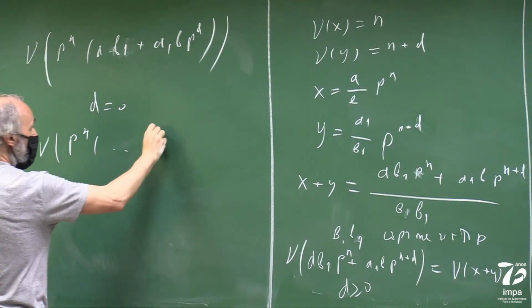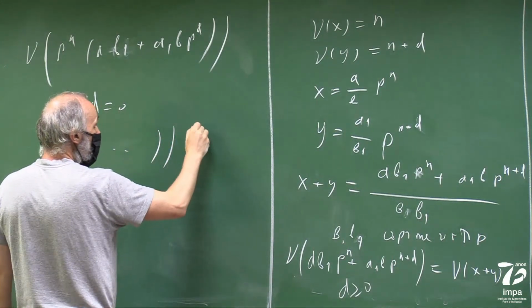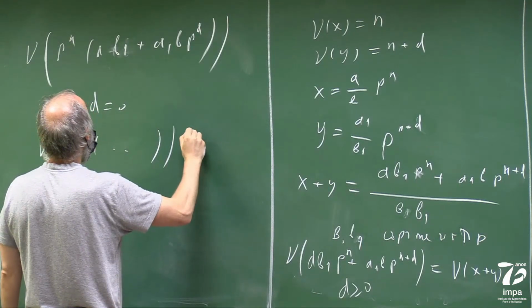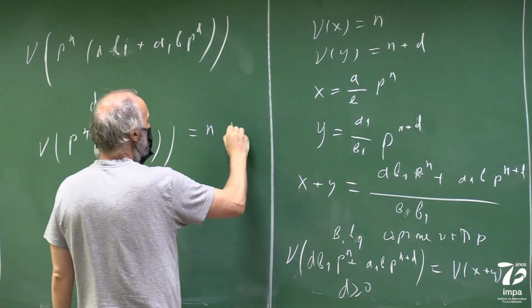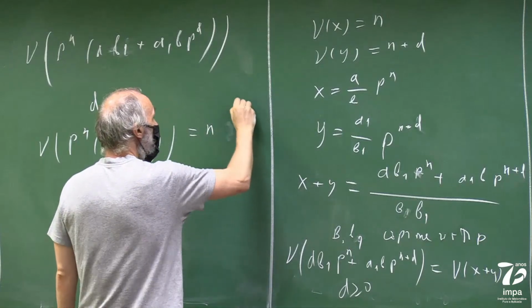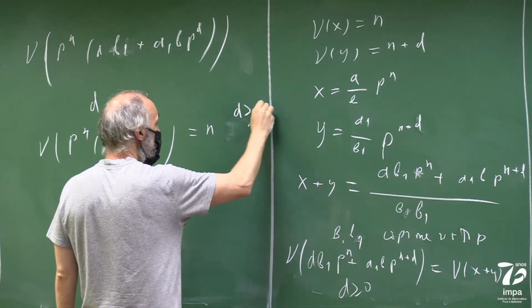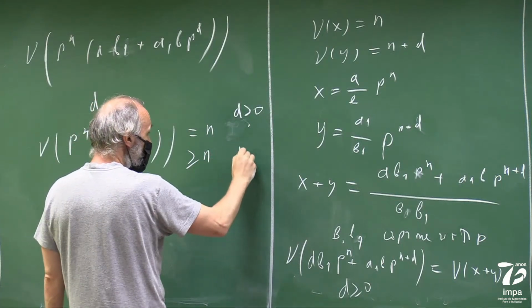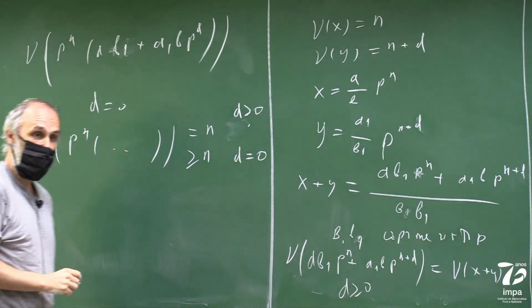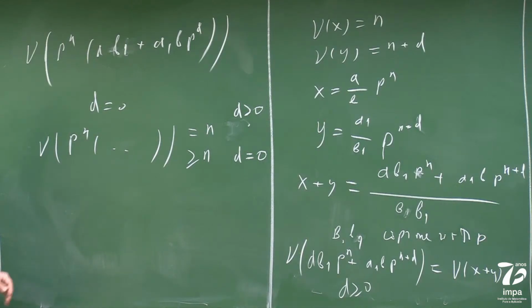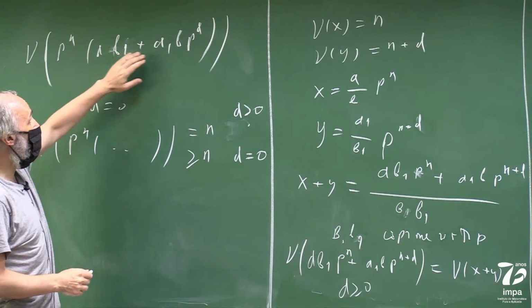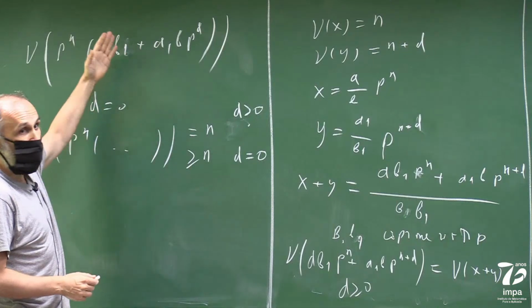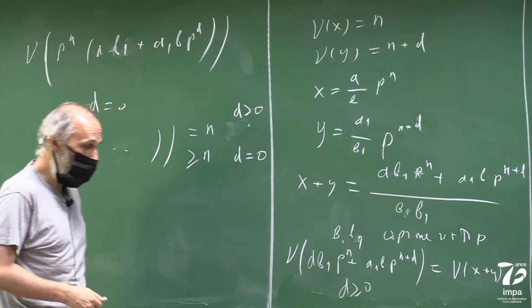p^n times this, is equal to n where d is bigger than 0, or bigger or equal to n where d is equal to 0. Because in the first case, this is coprime with p, and in the second case, we don't know. It can be coprime or can be whatever.